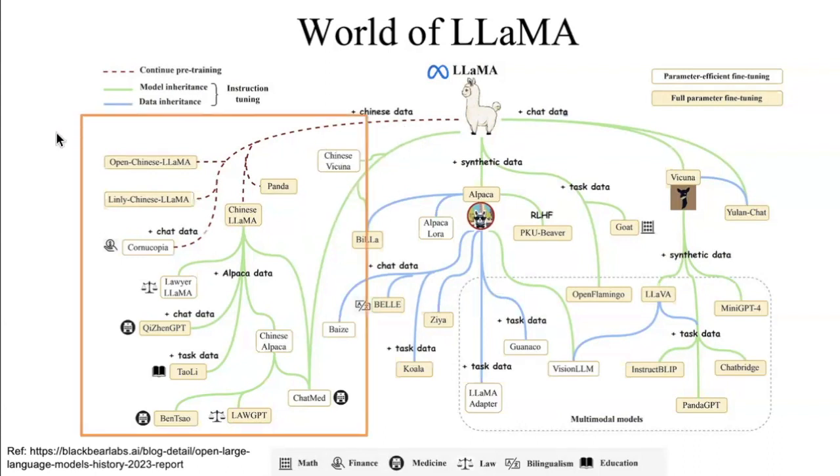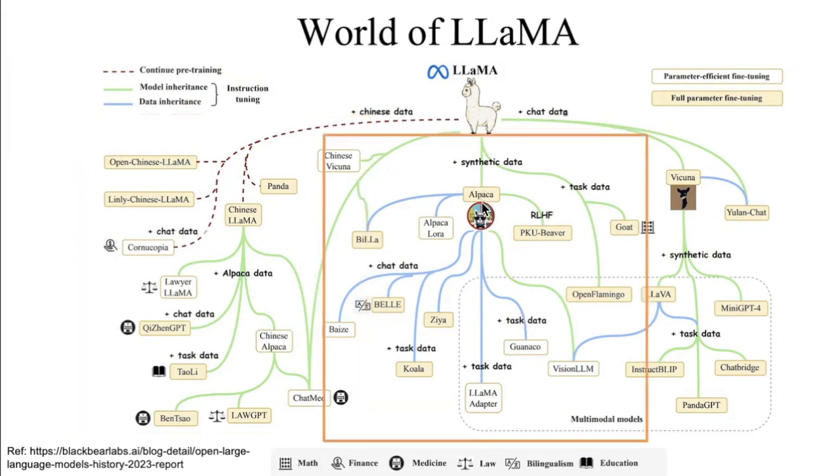The big branch of the tree is for Chinese LLaMA models, trained specifically on the Chinese language. There are also various applications: this one is for finance, this is for law, this is for medicine. So they are specifically fine-tuned for specific domains. This is one branch.